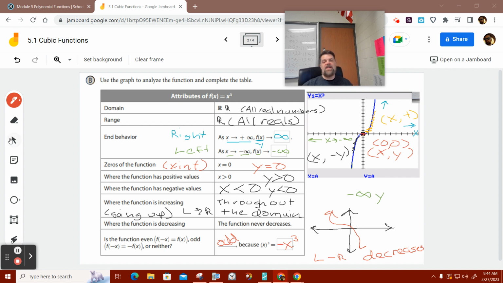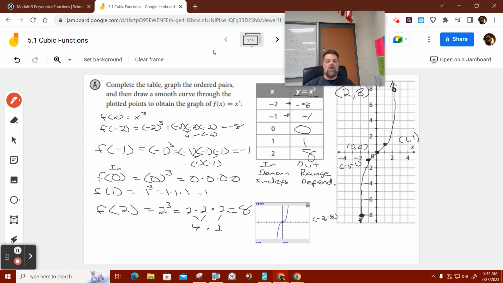All right, let me explain why this is odd. So, if we come back to this table of values, we say that this is an odd function, and we talked about it once before, but by the looks on your faces, I suspect you may not remember.